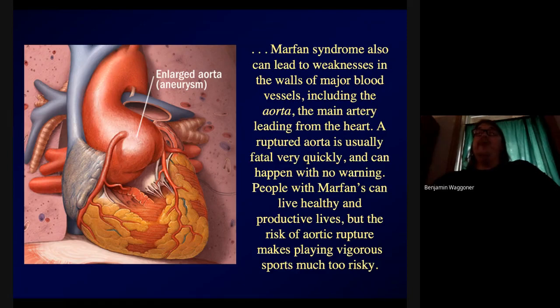And people with Marfan's get heart scans very regularly and may go in for surgery if an aneurysm is found, because you can repair these surgically today. The problem is you may not know that you have them until it's too late.